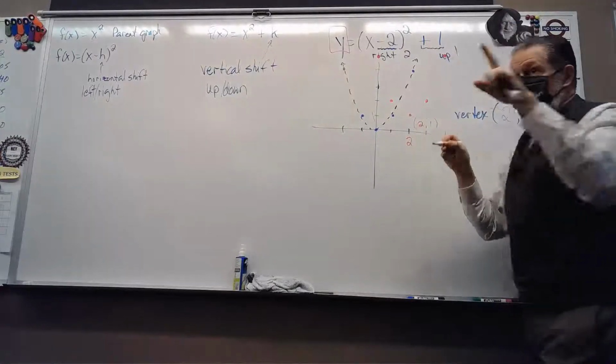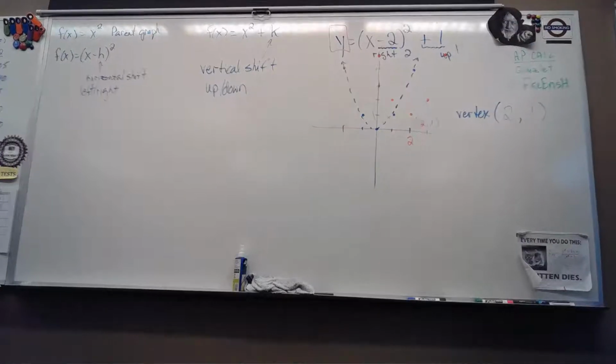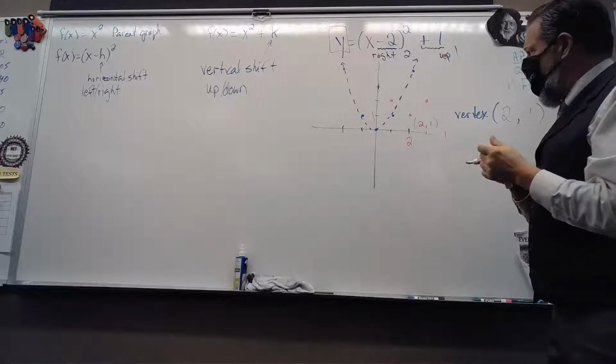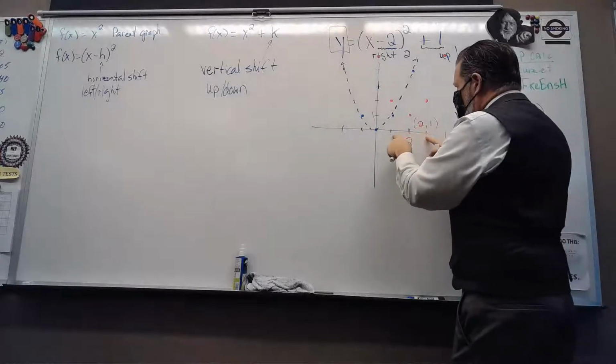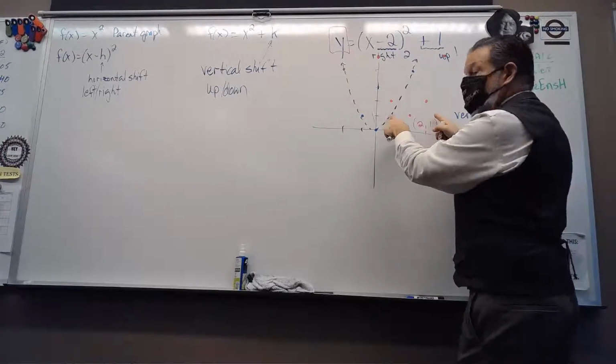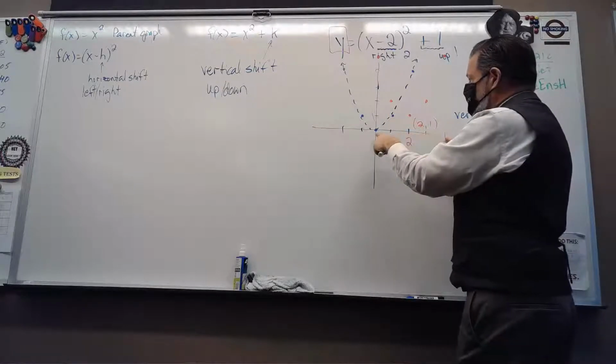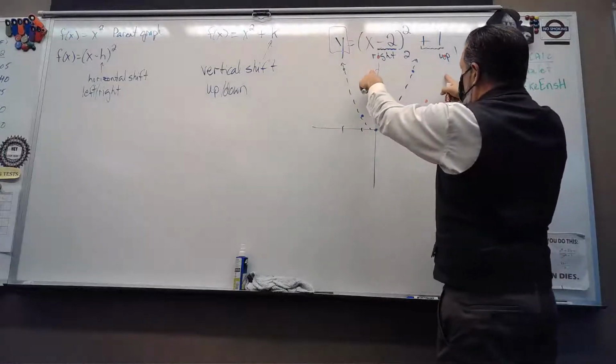Now, here's the tricky part. Remember, I'm starting from 1 and I'm going up, just like I'm starting from 2 and going over. Sometimes people will accidentally say over 1, and then they'll put dots here, and then they've got 3 dots in a row. And then they'll say, oh, I go over 2 and up to 4, and they put dots here.